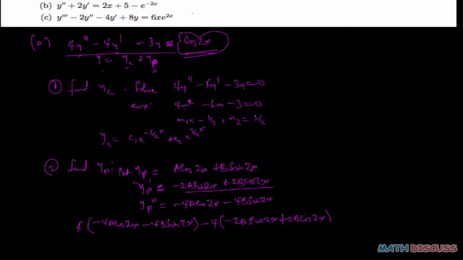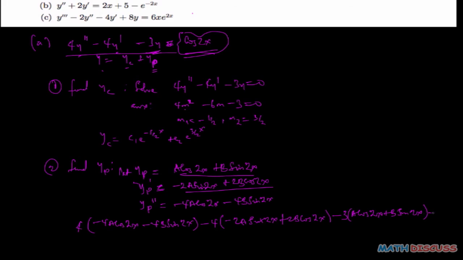So that is what I have for my 4y prime. It's remaining minus 3y, so that's minus 3 times y, which is a cosine of 2x plus b sine of 2x.